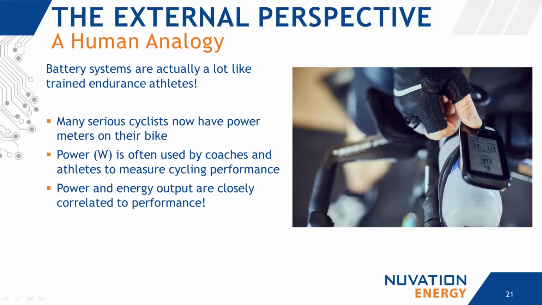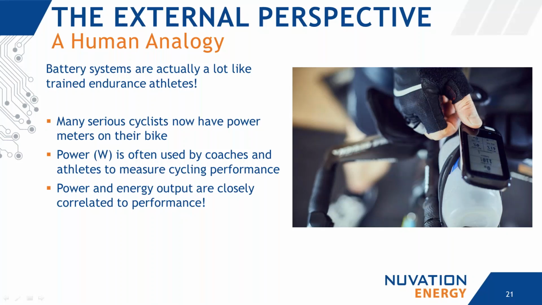And one of the things that has really changed how cycling is done scientifically today is the advent of the bicycle power meter. This is something that you'll see a lot of serious cyclists using these days. It's definitely used by most professional level cyclists, and coaches and athletes use these power numbers, basically wattage numbers from their rides, to measure their performance, track their training and plan their workouts.